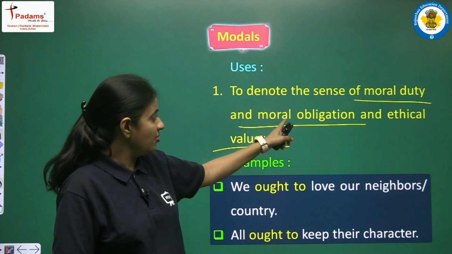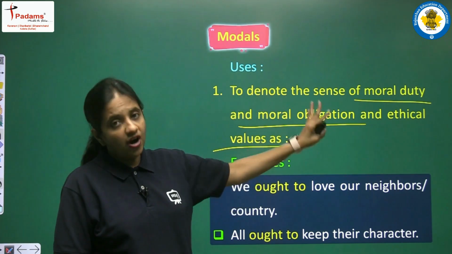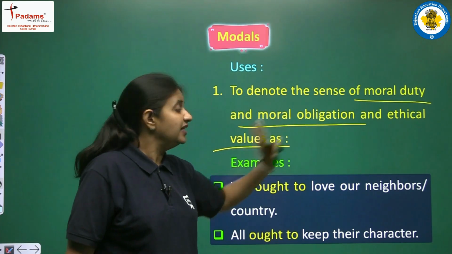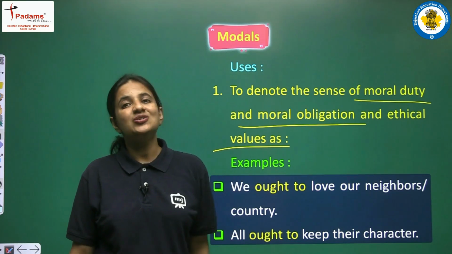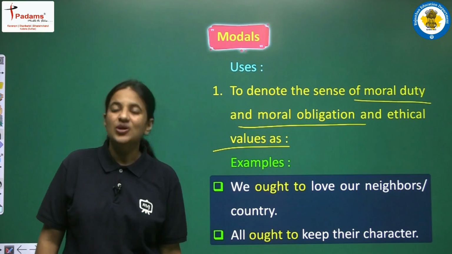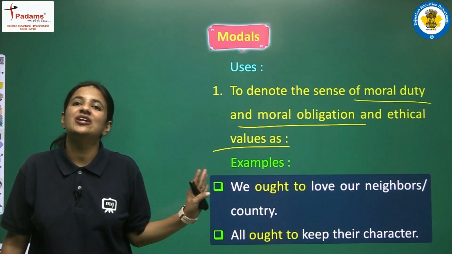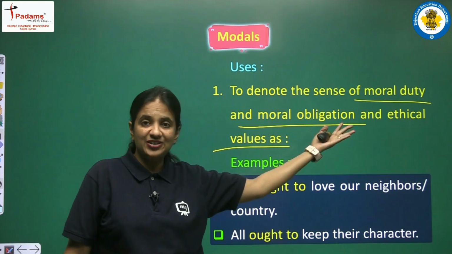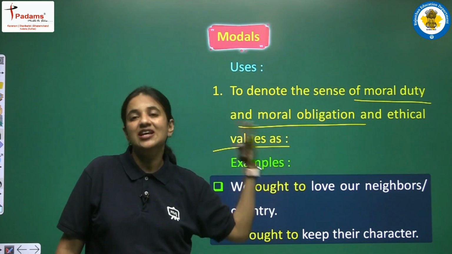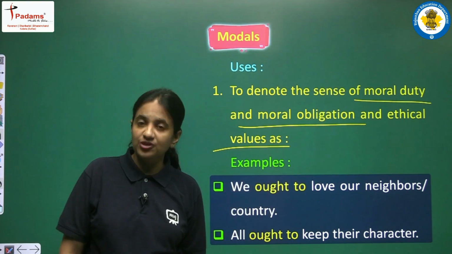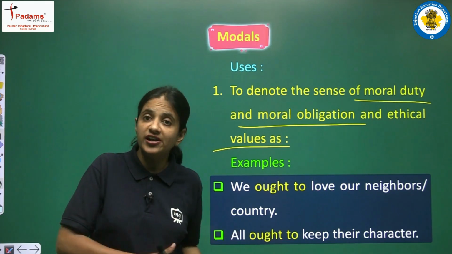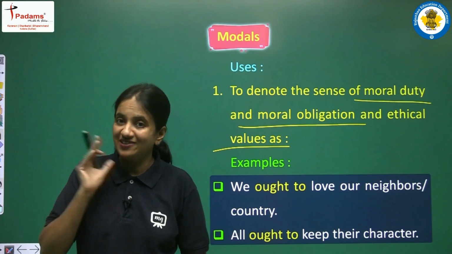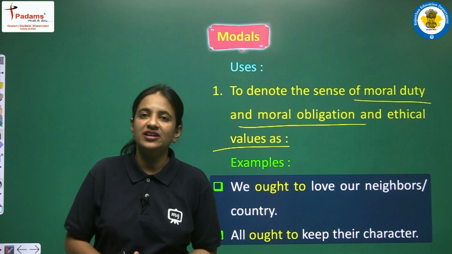Whenever we are talking about moral obligation, or if we are referring to some ethical values, then we can use this modal, that is ought to. And here students, I am sure that you all are able to recall that these words, moral obligations, duties, ethical values, we have seen before, we have read already in one other modal, right? Yes, and that was the modal should.